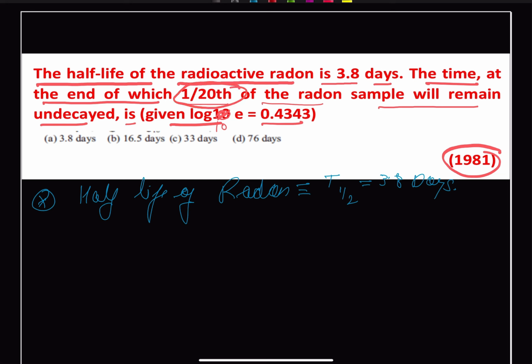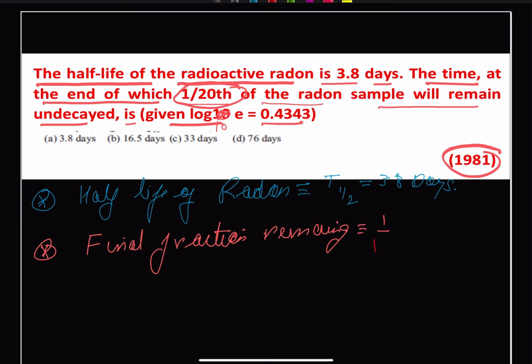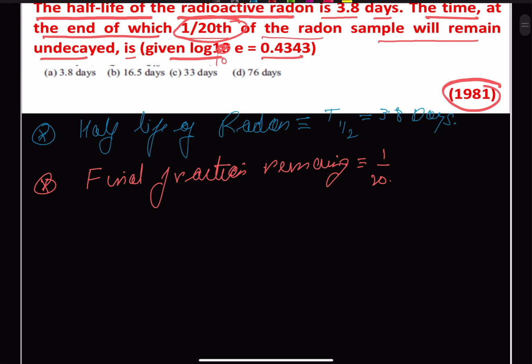So basically we are given the final fraction remaining, that is 1/20, which means that the ratio of N t upon N naught should be equal to 1/20. We need to find out the value of t.